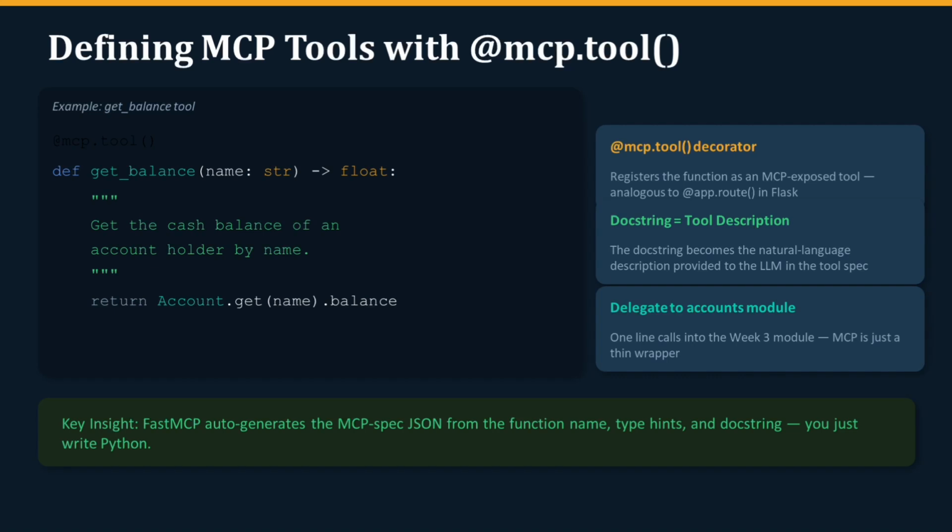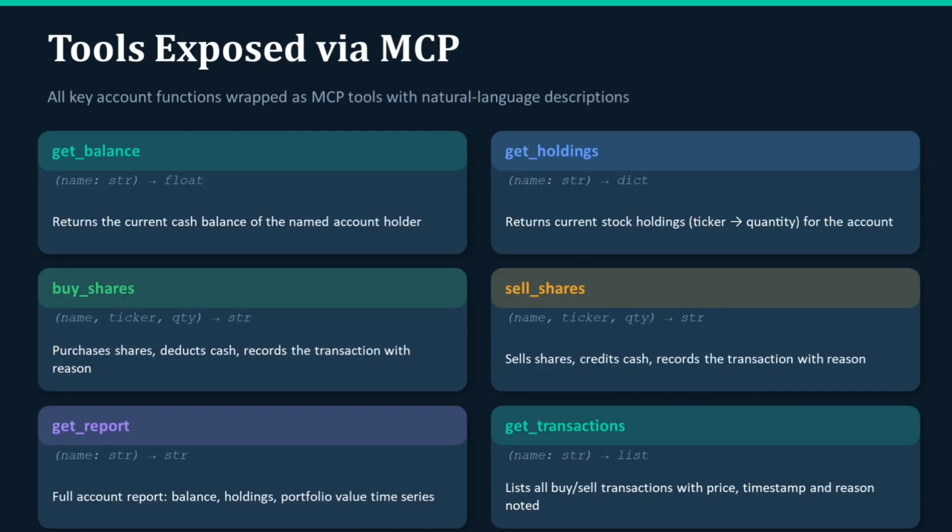Actually, as I said, we are trying to build a basic stock market application where we are going to buy shares of Amazon, three shares of Amazon actually, in the real world. Then tool exposure via MCP: get_balance, get_holdings, buy_shares, sell_shares.